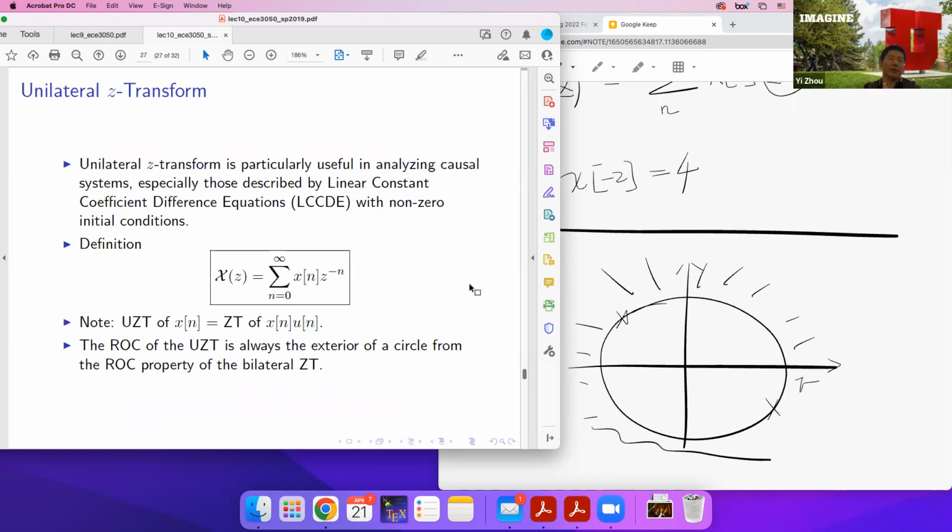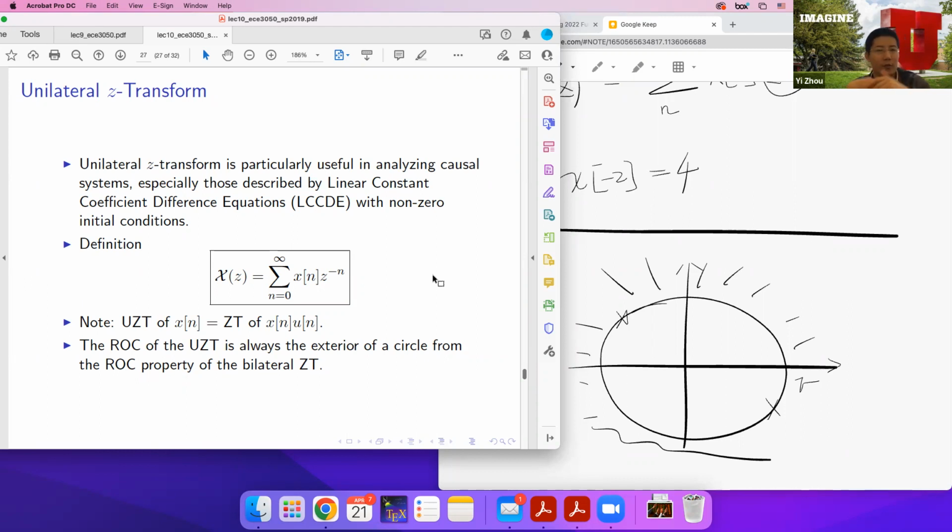And the last part is the unilateral Z transform, and I think you already have an idea of this unilateral thing. So again, it's the same as the unilateral Laplace transform. We modified the definition of the Z transform a little bit. We only start from 0 instead of negative infinity. Okay.